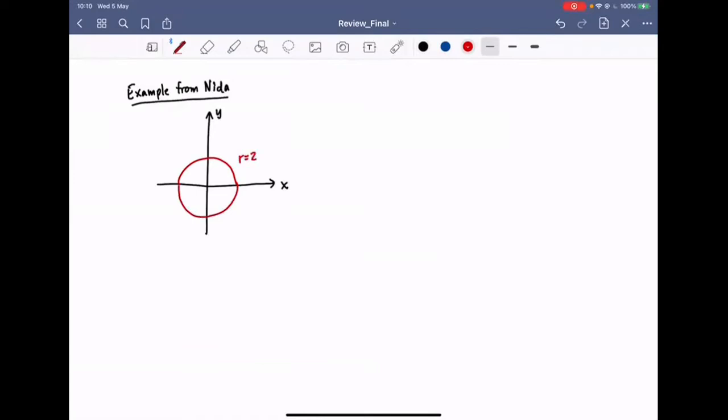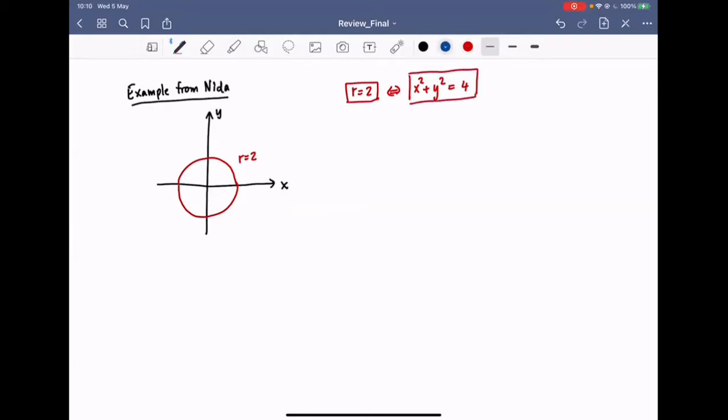This is the circle with radius 2. This is a similar thing to x squared plus y squared equal to 4. This is the same thing. r equal to 2 is the equation for a circle in polar coordinates.